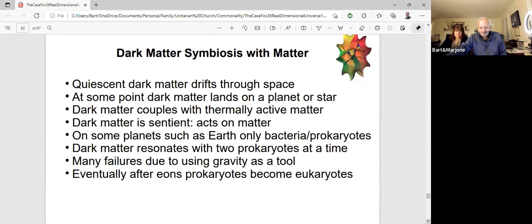The symbiosis between dark matter and matter has been here for billions of years, and we continue to see it play out.